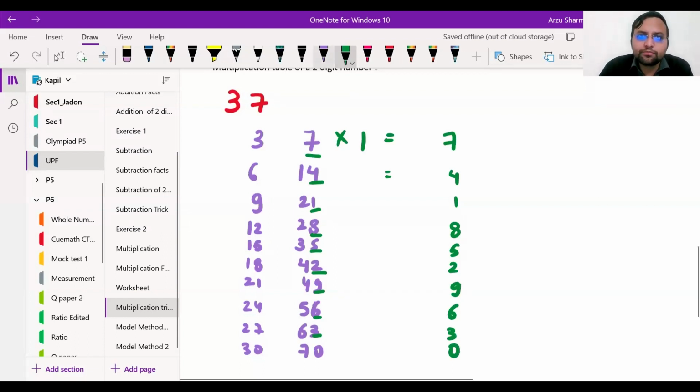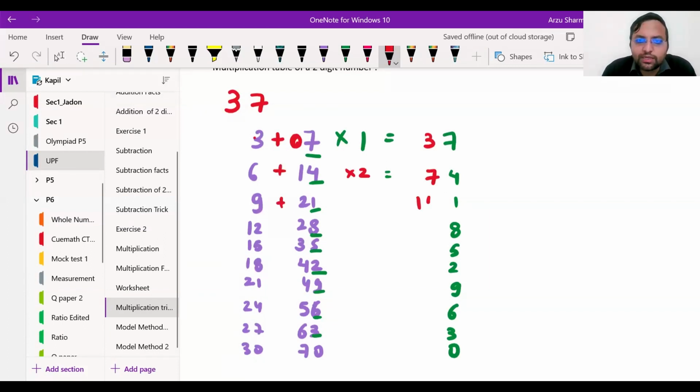After that, add multiples of 3 and the tens digit of multiples of 7. Here there's no tens digit, so we'll put 0. So we add 3 and 0, that gives us 3. So 37 times 1 is 37. Then 6 plus 1 is 7.